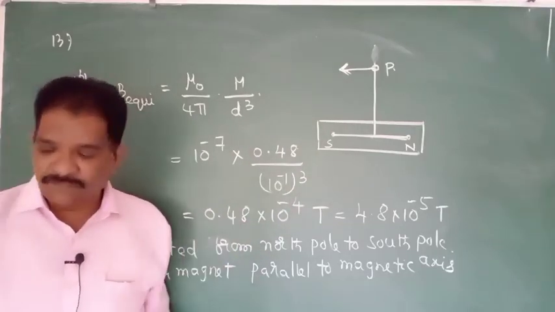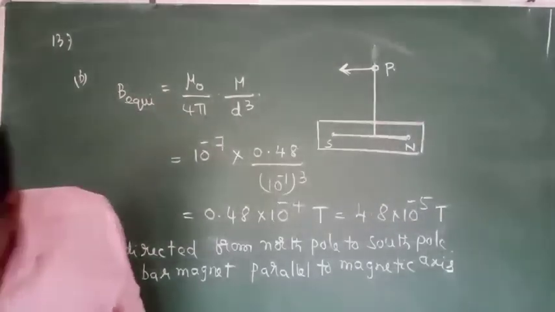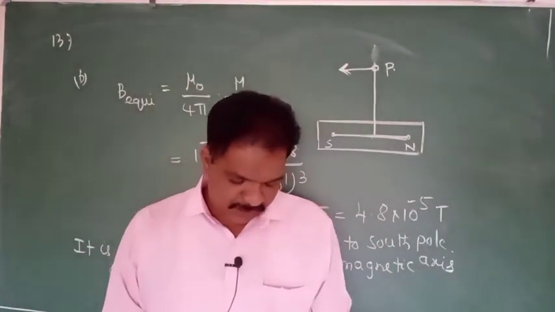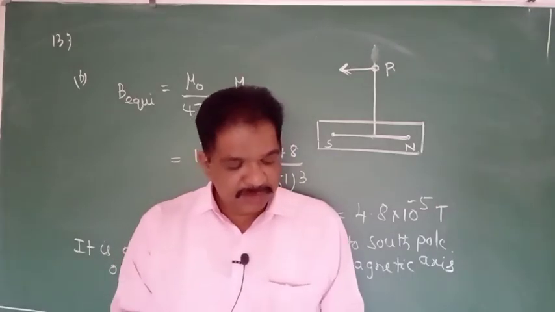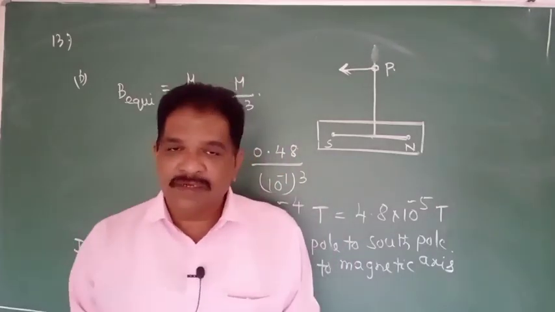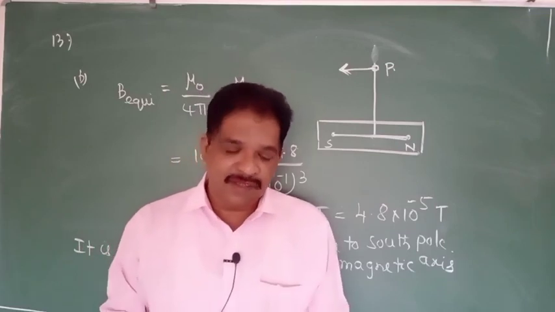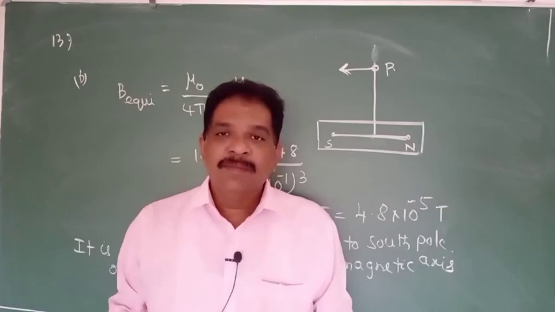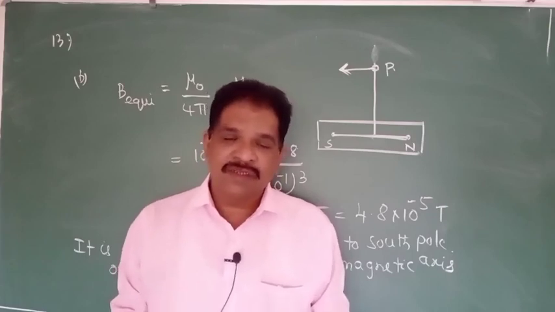This is enough. Next, see problems number 14 and 15. 13 and 14 relate to the magnetic induction on the axial line and equatorial line. There is no need to waste time, because they already announced they deleted it from the syllabus.